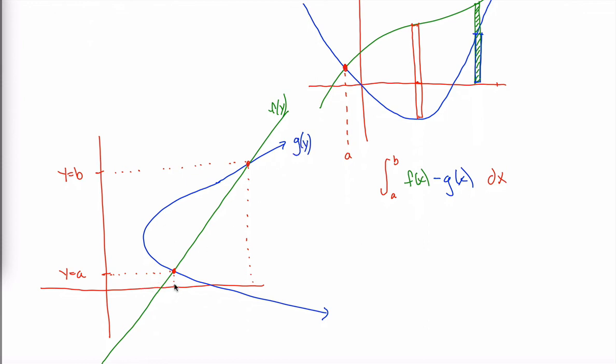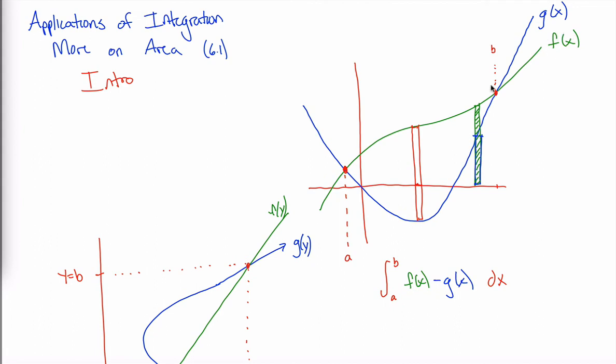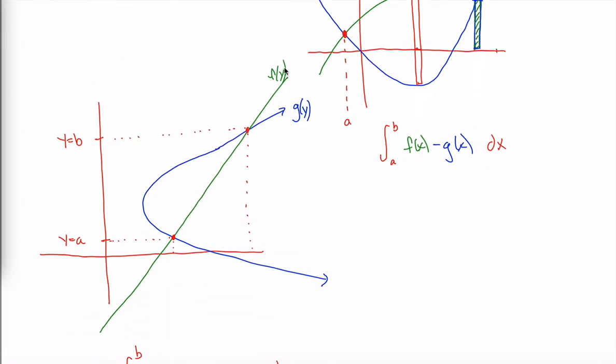So instead of putting in a point like this and getting this to come out, I'm going to put in a point like this and get this to come out. I'm going to put in a y value and get an x value to come out. So instead of g of x and f of x telling me the respective heights like I have here, g of y and f of y are going to tell me the respective lengths, the respective x values. I don't know what term you want to use to signify that, but hopefully it makes sense.